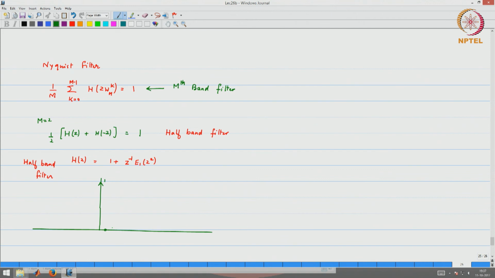Wait a minute, every second sample will be 0. So, there will be a non-zero value, then it crosses 0, non-zero value, crosses 0. So, this is how a Nyquist filter with pi by 2 as the cutoff will look like, because every second coefficient will turn out to be 0.